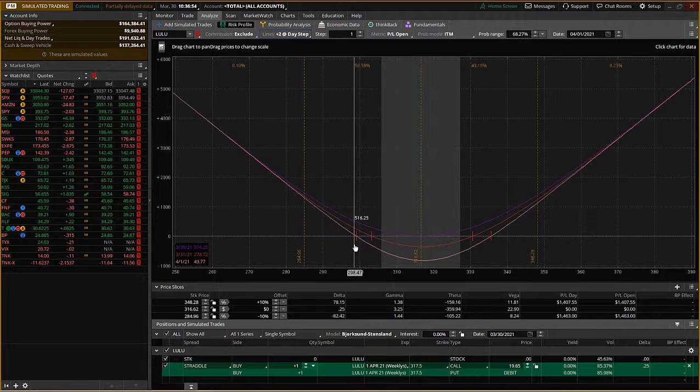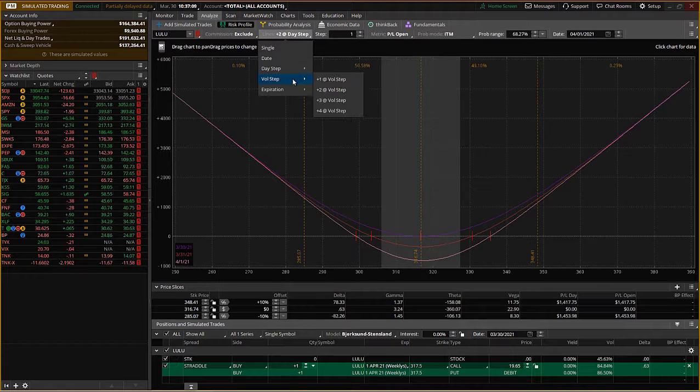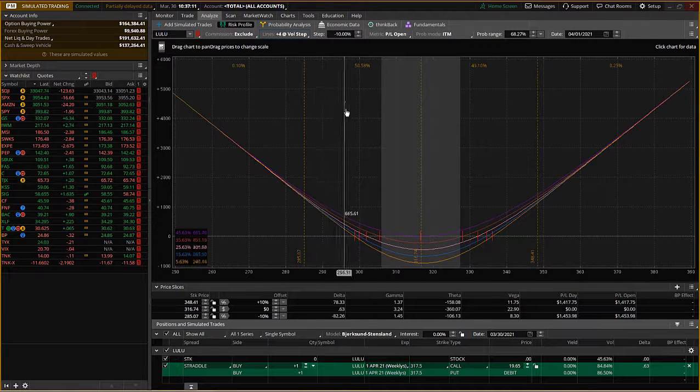Here's the catch. We have to be out when that bell rings in the morning. You better be selling to close this bad boy at a limit for both the call and the put, because the volatility crush will absolutely destroy this very, very quickly. In fact, let's move to the steps. Let's just do our 10% increments. So let's say that it gapped up to the 335.50.